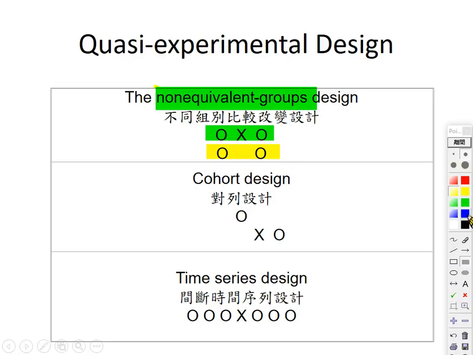But did you see the R here? There is no R here, right? No R. So they are not selected through randomization. But how can we have these two groups, one the experiment group, the other the control group? How can we select? Basically, we use matching.